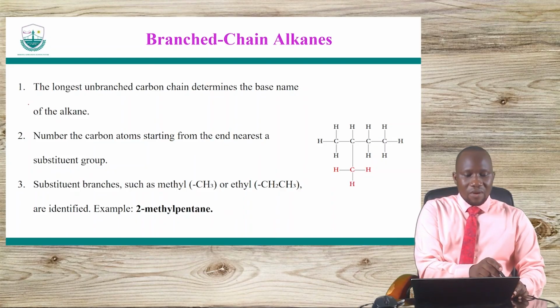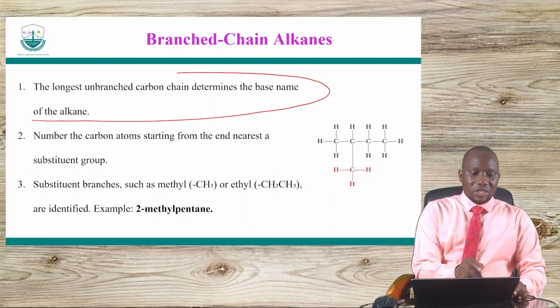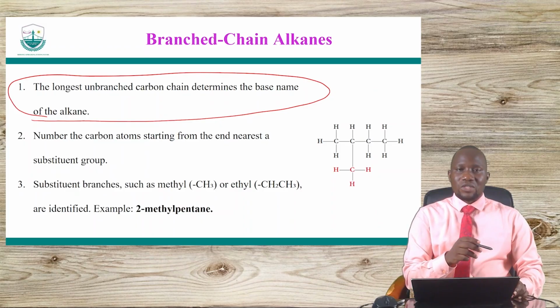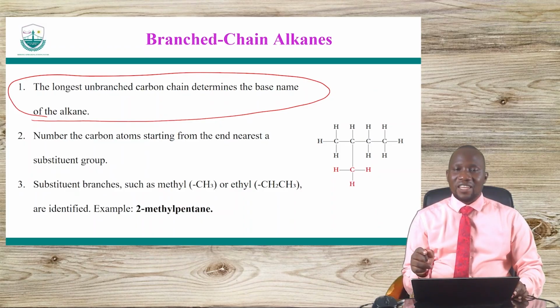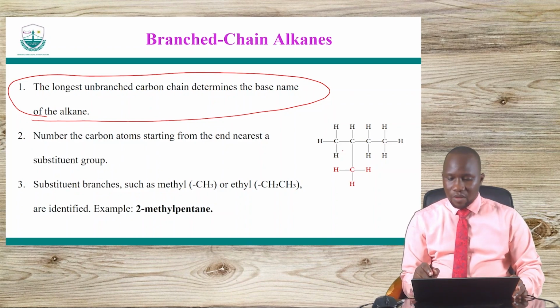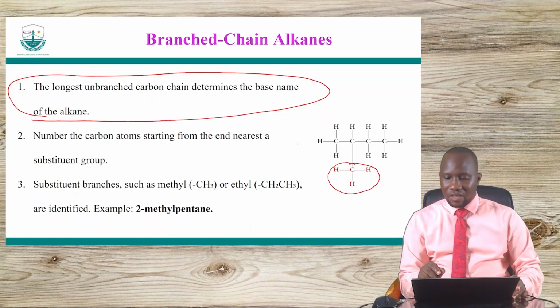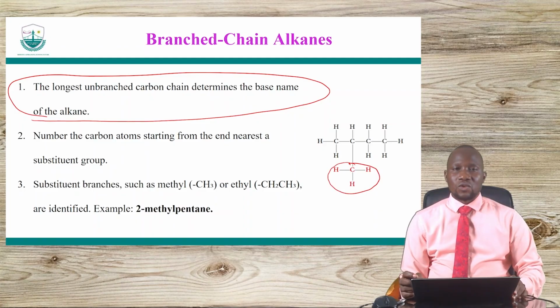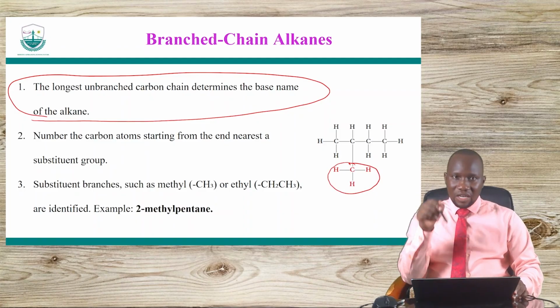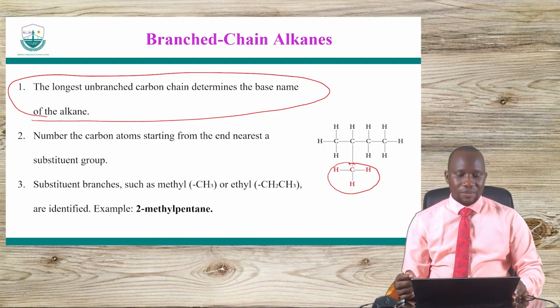The long unbranched ones are the ones we have just looked at, butane, pentane, and things like that. When you have a branch, for example here, do you see that this group is not on the same line? It's not a long chain, it's a branch, right?